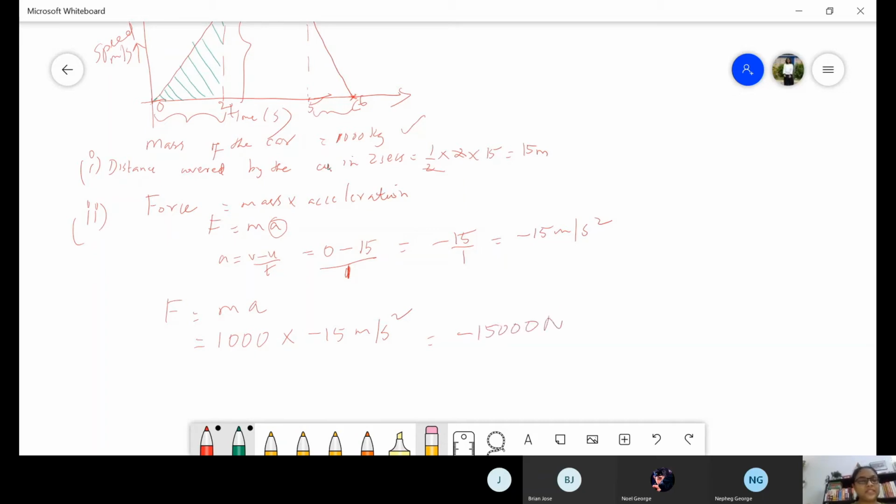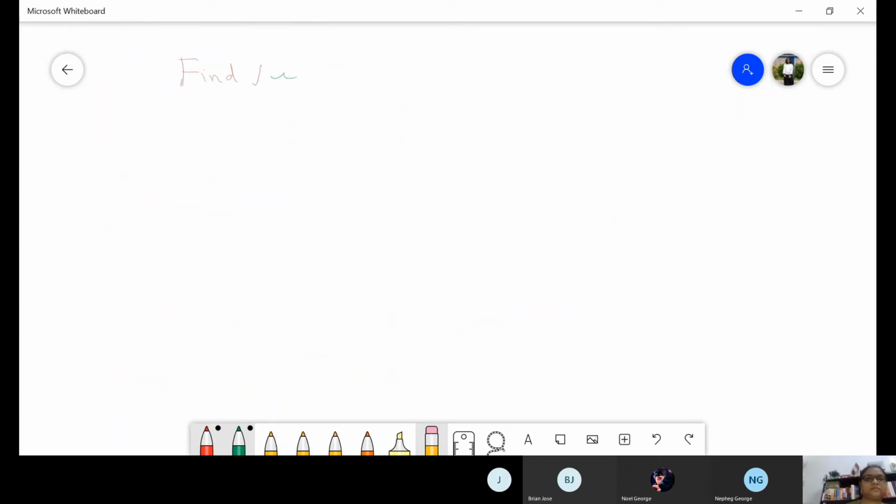What is the unit? Newton. So force applied by brakes is equal to minus 15,000 Newton, or you can write as minus 15 kilonewton. Kilo means 1000.